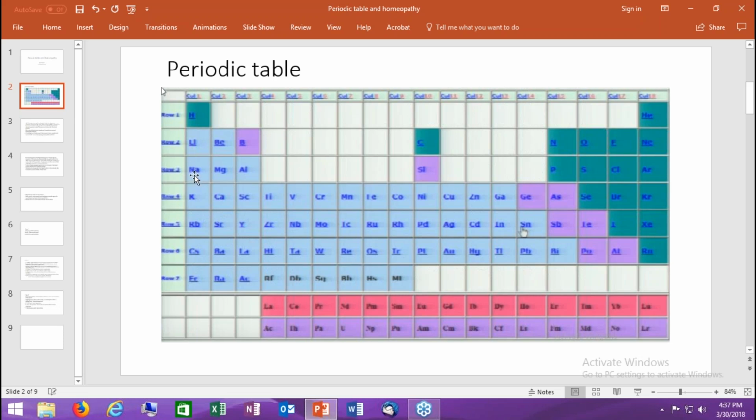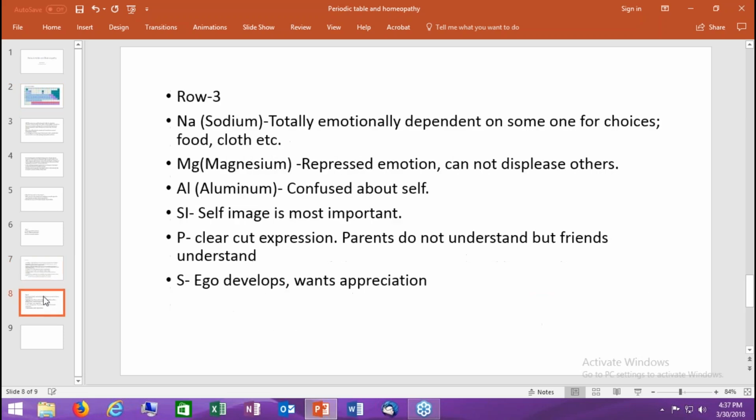For everything I want the mother's decision or mother's permission or mother's choice I will rely on. So that is called sodium. Totally dependent on someone else.